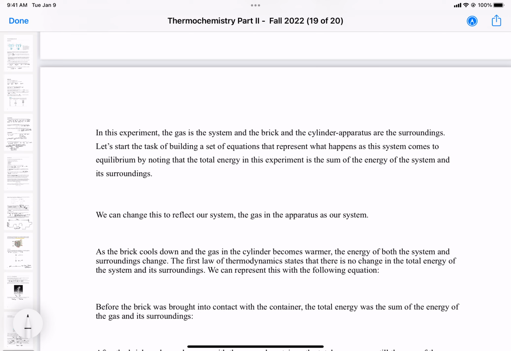So we're going to consider the total energy in this experiment as the sum of the energy of the system and its surroundings, right? So we want to think about the total energy. So E total equals energy of the system plus energy of the surroundings.